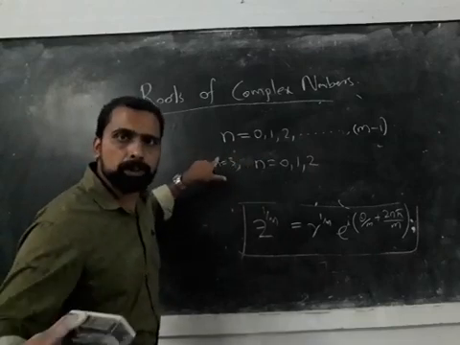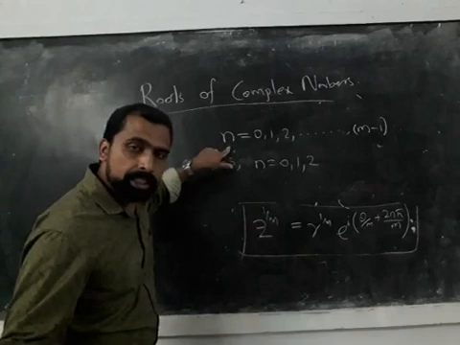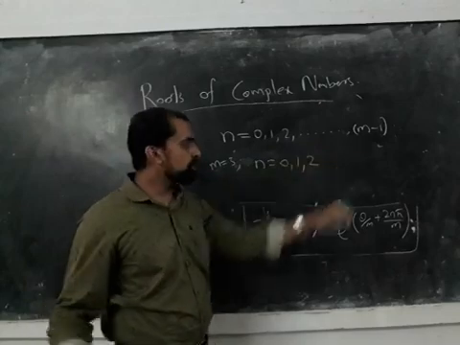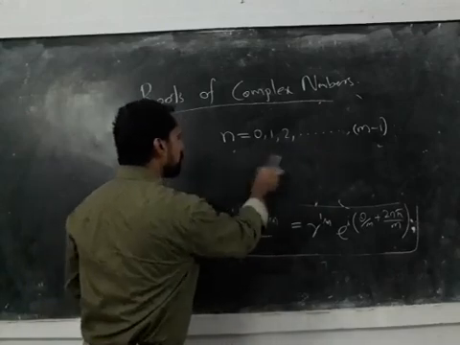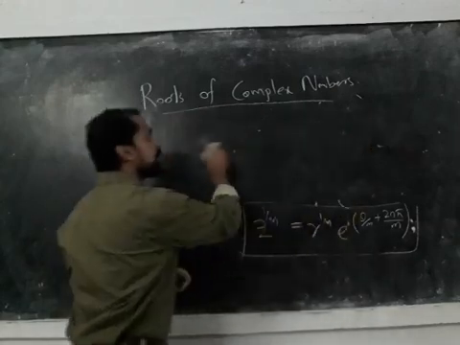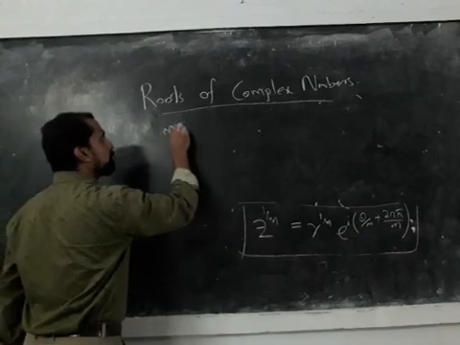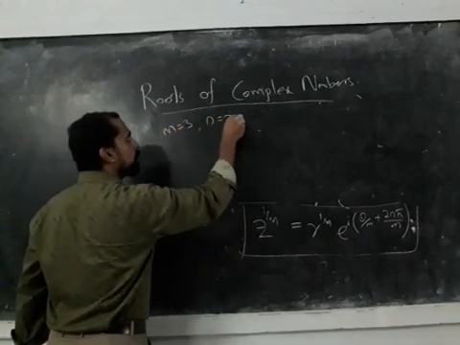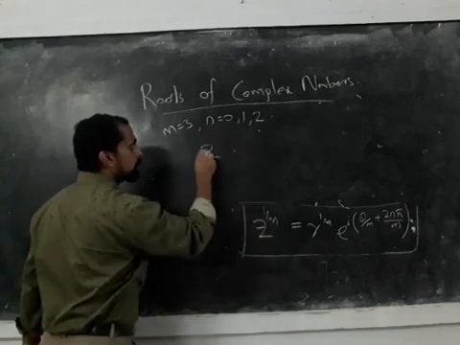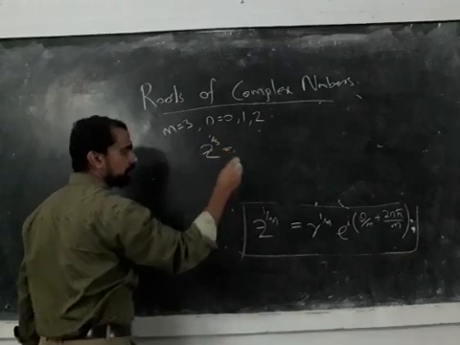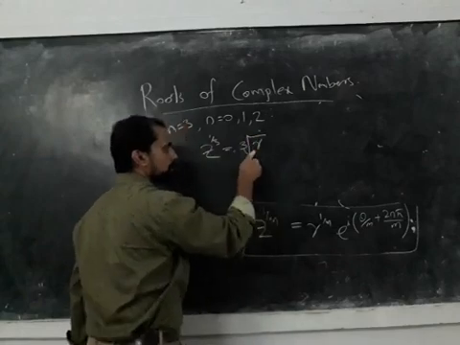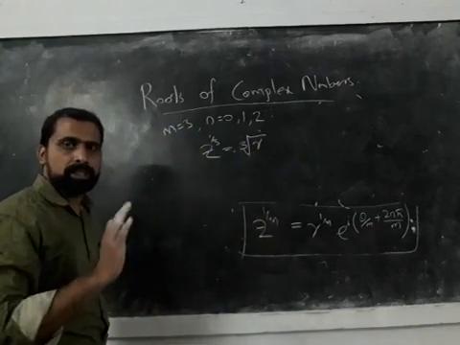So here this is a general definition. If you want the mth root, you can take the n values 0 up to m minus 1. For example, if m is equal to 3, then n equals 0, 1, 2. When n equals 0, you will have z raised to 1 by 3 equal to cube root of r e raised to i theta by 3 plus 2n pi by 3, whatever the value may be depending upon your complex number.